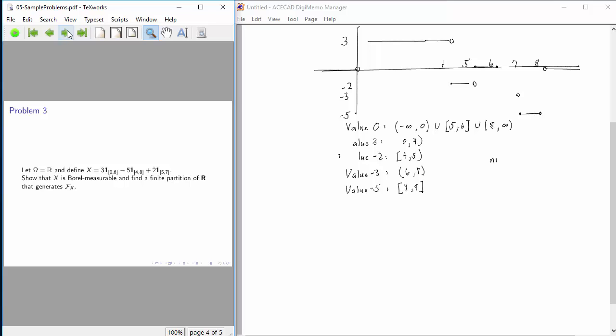The union of all these intervals is all the real numbers, and these sets are disjoint, so they form a partition.